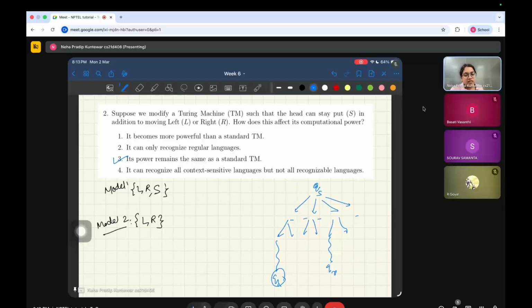Yeah, but in this case, if the language is not decidable, then it may happen that you never end up, like, maybe you are just looping between two states over and over again. Yeah, because I'm thinking in terms of the Turing machine being the model of computation, and there is a correspondence between the Turing machine and the algorithm.